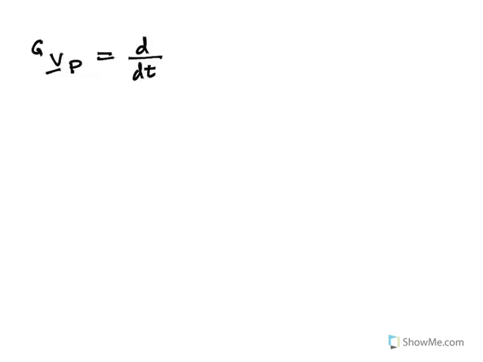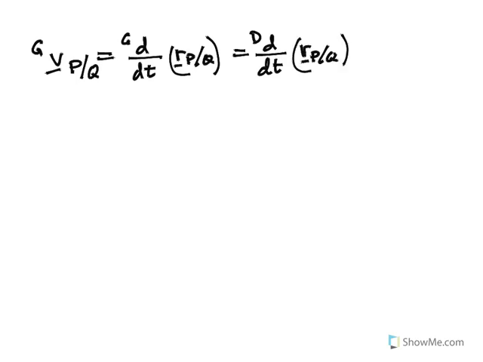So this is going to be d dt in G of the position of P relative to Q. And this is going to equal d dt, and now this frame is D, because the position of P relative to Q is expressed in a basis that's fixed in reference frame D. So this is d dt in D of the position of P relative to Q plus the angular velocity of D in G crossed with the position of P relative to Q.